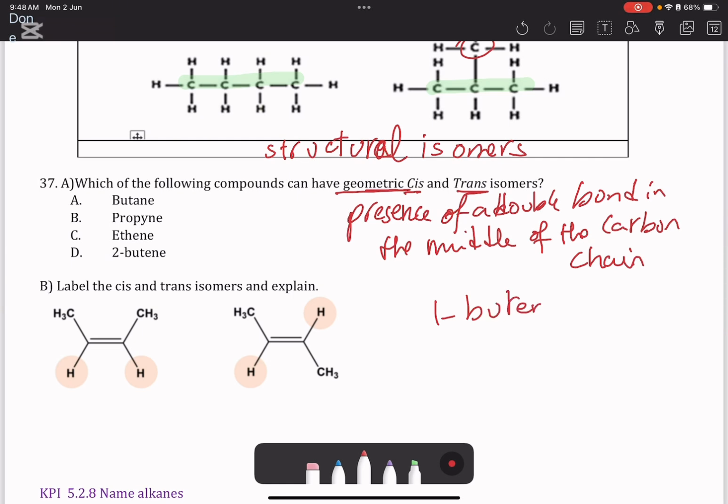And you cannot tell me 1-butene has cis and trans isomers. Why? Because the double bond is at the beginning of the chain, so I have hydrogen here, 1, 2, 3, and 4. So I can't have cis and trans.